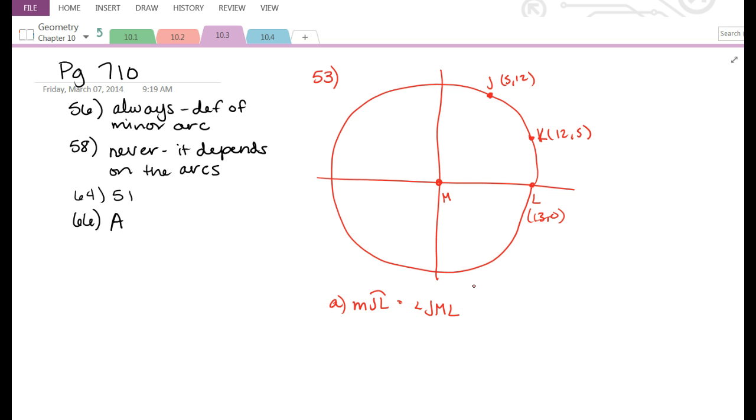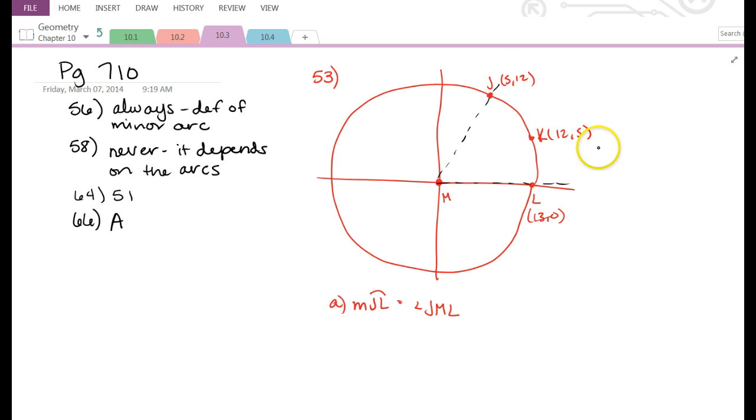If I know that angle, then I know my arc length. Well, the problem is I don't know that angle. You can't really guess very well either. So I'm going to show you what you can do though.